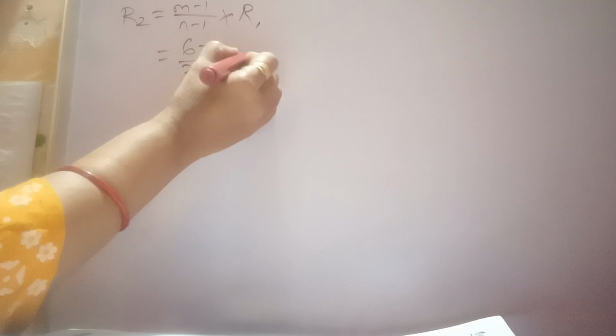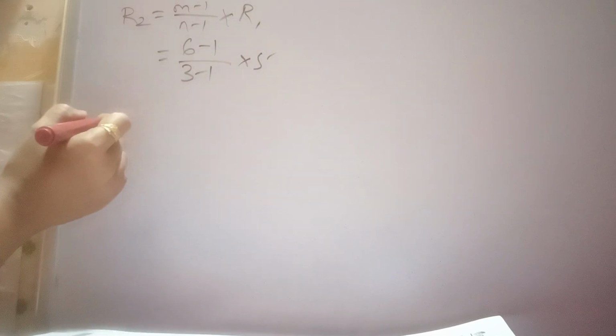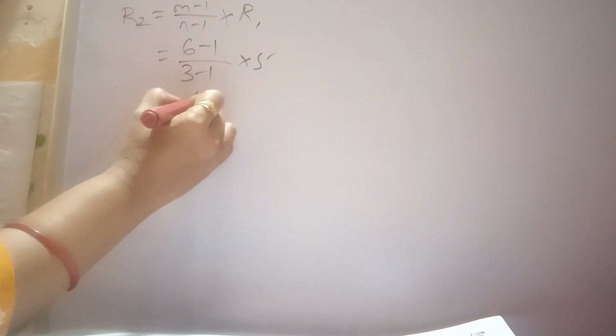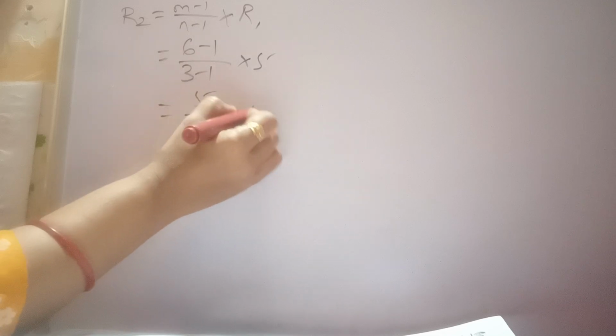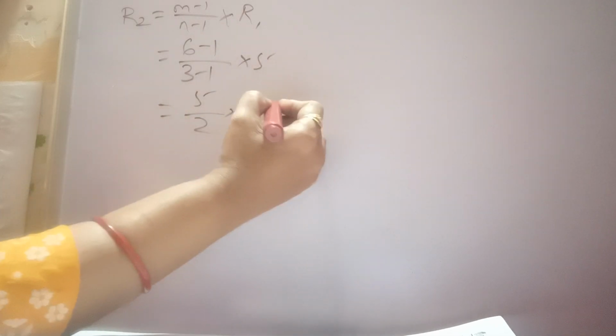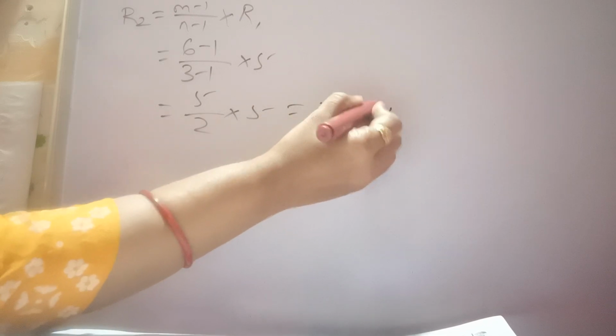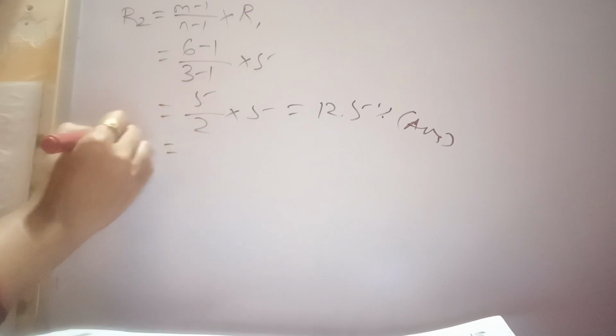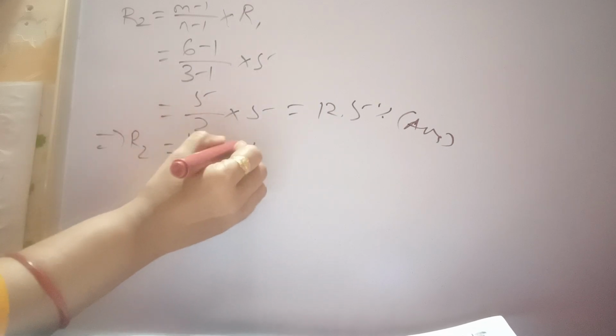According to our rule, r2 equals (m minus 1) divided by (n minus 1) into r1, which is 6 minus 1 divided by 3 minus 1, into 5%. That equals 5 divided by 2 into 5, so 12.5%. This is the answer. r2 equals 12.5%.